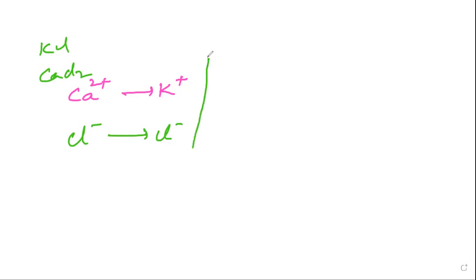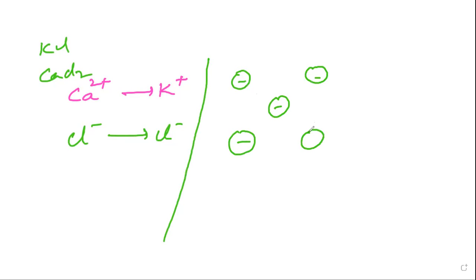We can draw a diagram like this: these are minus, these are minus, those are one type of lattice atoms, and these are plus.